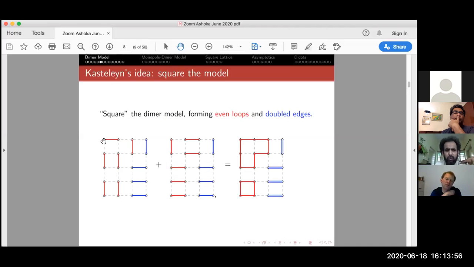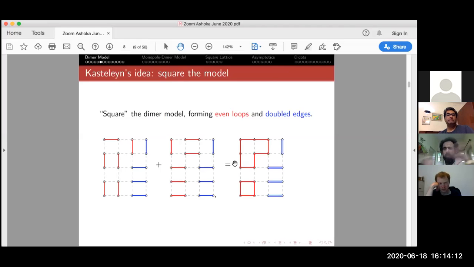If your graph is the 5 by 4 square grid, here are two different perfect matchings.